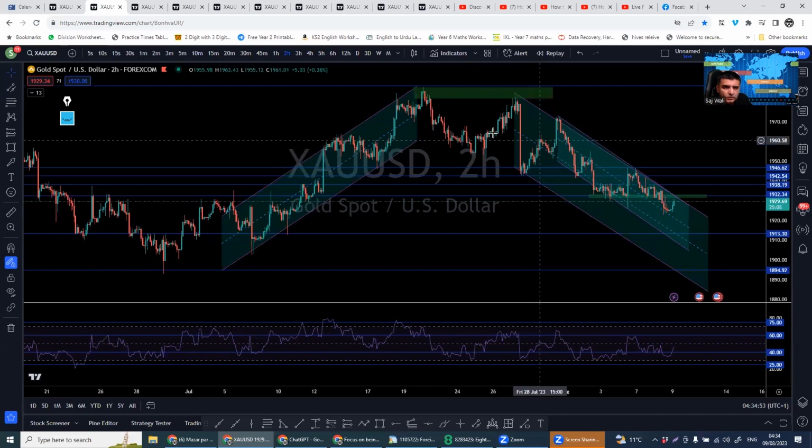As you can see, this is a 2-hour chart, and gold had a double top and came down straight. The price was moving in a channel.